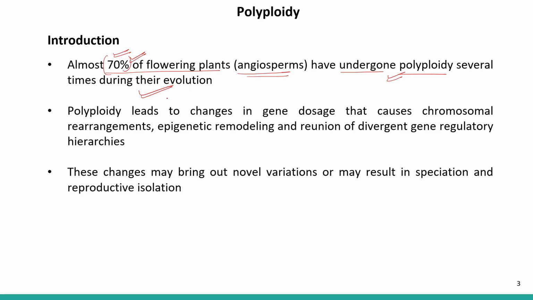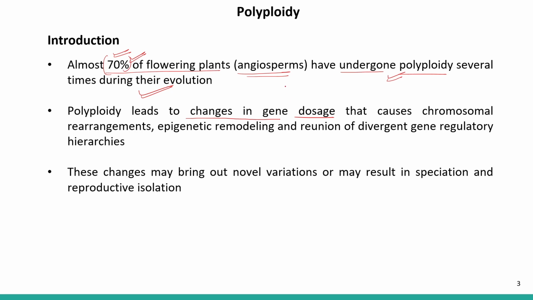Polyploidy leads to a change in the gene dosage. Gene dosage means every gene is present in a certain dose, that is called dosage compensation, right?